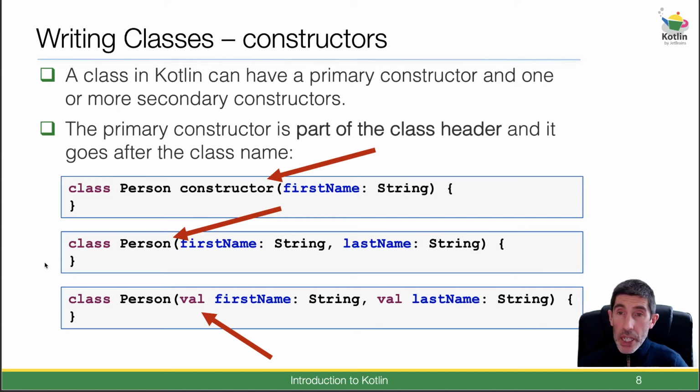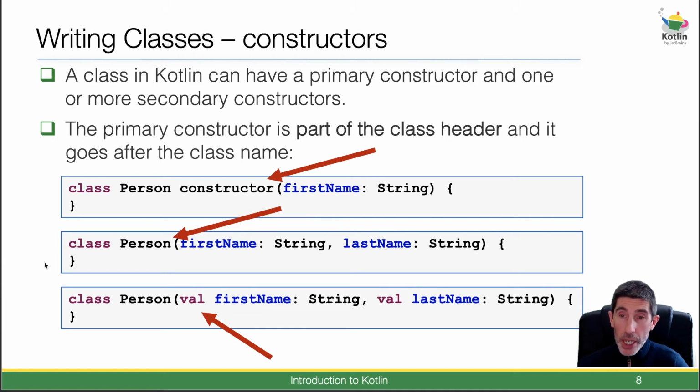We can explicitly say constructor. In this example, we just have a simple firstName property of type String representing the Person class. More often than not, we can say class Person, leaving out the explicit constructor keyword, so the first name is of type String, last name of type String.